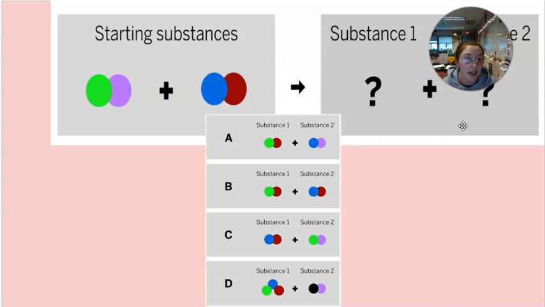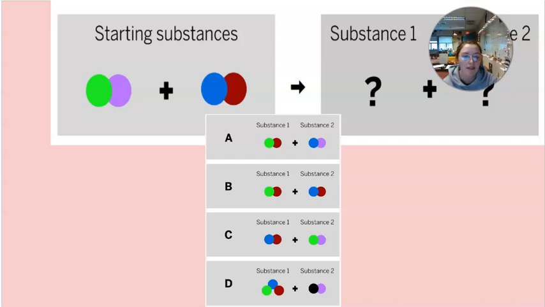So here, if I say starting substances and ending substances all have different properties, can I have an atom that's just a green and a purple then? If I know they're different properties? No, I cannot. So that tells me right off the bat, if these have to be different, then I'm looking at my answers.